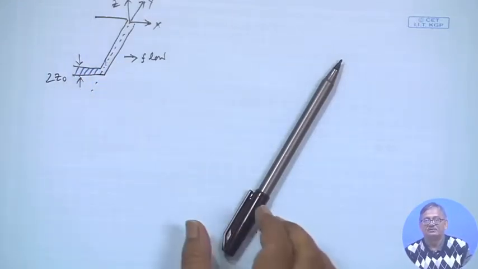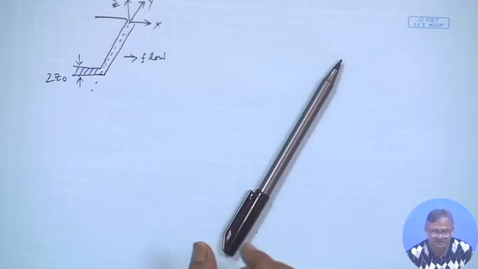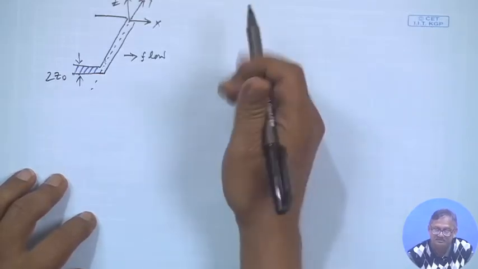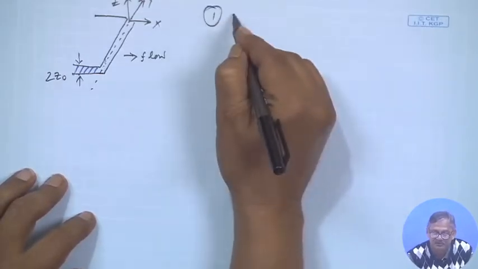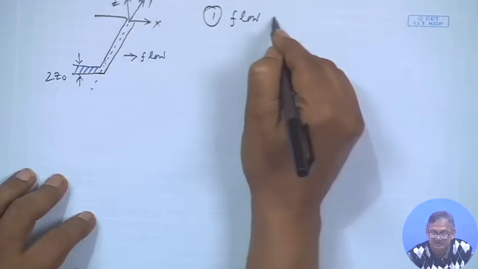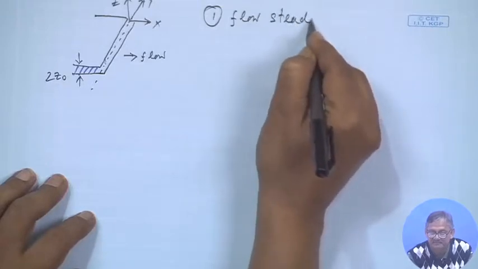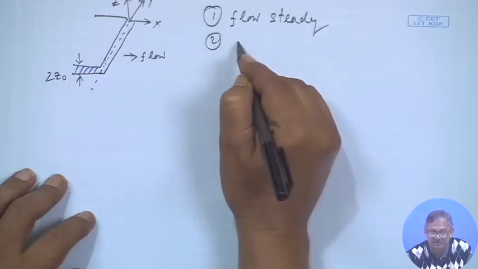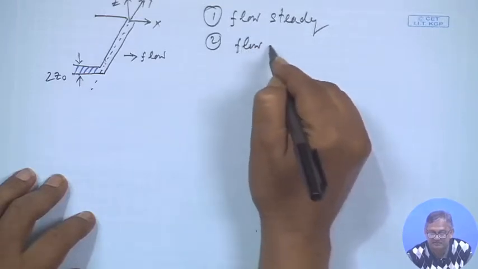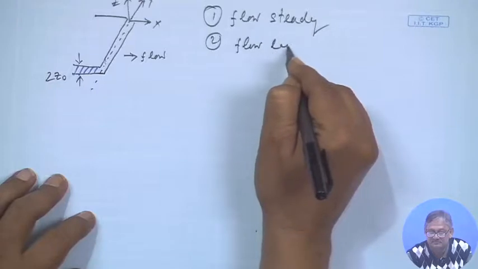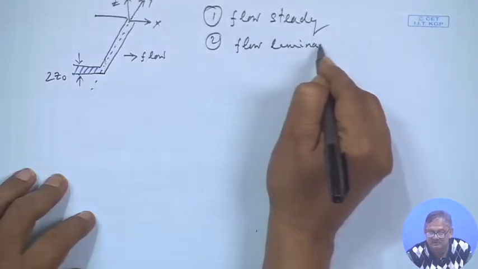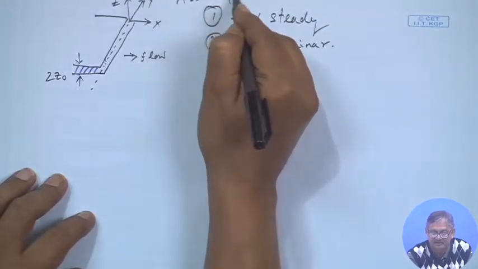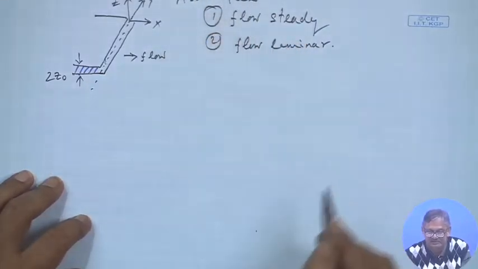So, if we take this kind of solution, then we assume here again, number 1, the flow is steady, number 2, the flow is laminar, right. So, this assumption we make, that flow is steady, flow is laminar.